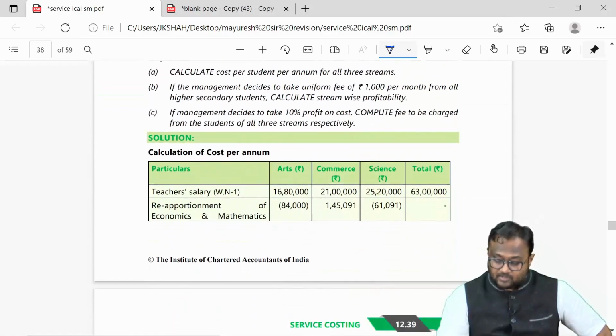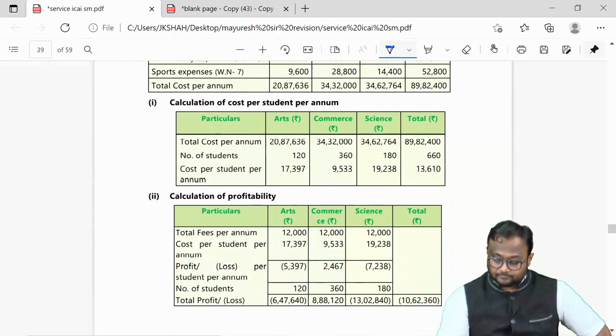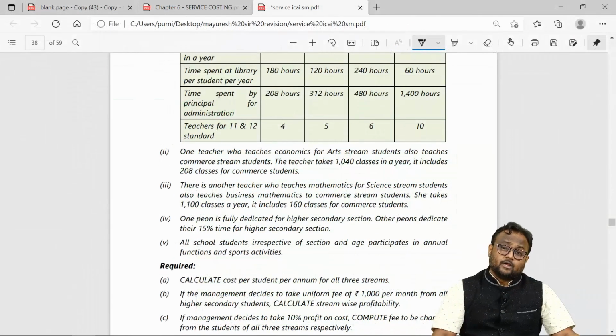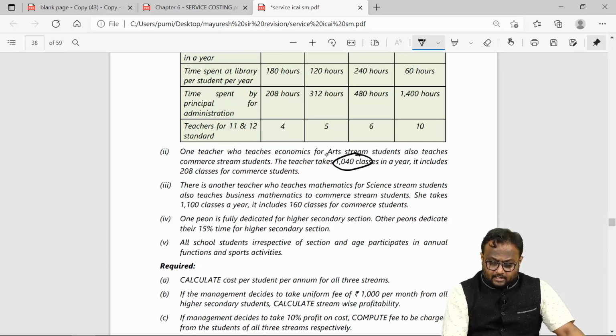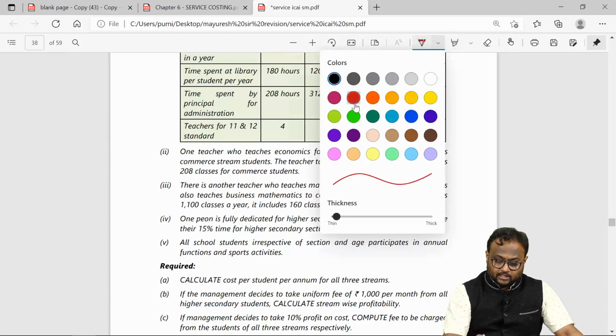So guys, please try to understand one thing. You first calculate cost of teacher. And for getting teacher's cost calculated, you need to understand how much is the time spent by teacher for each stream. Teacher is taking lectures for 1040 hours. That is what the question tells us.